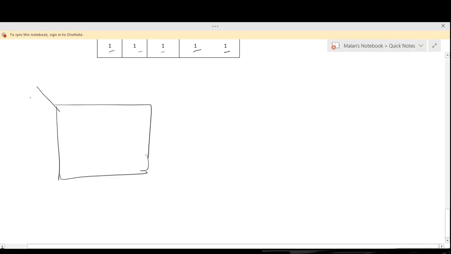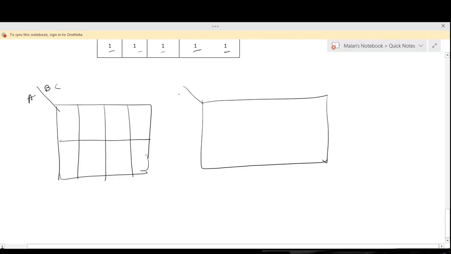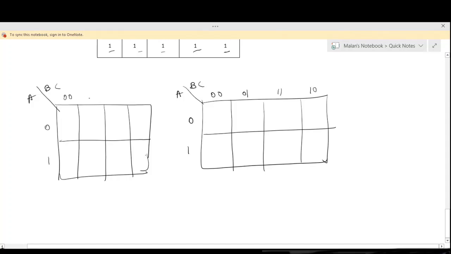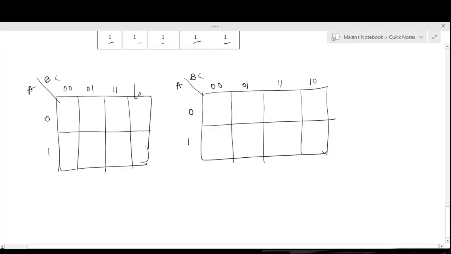The first K-map is for the sum and the second K-map is for the carry. Now I am going to plot the values onto the K-map.